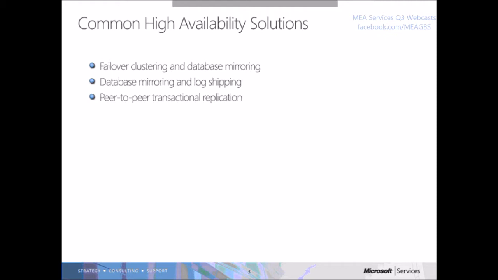This enables applications to quickly scale out to distribute reads from clients across multiple nodes. Because data is maintained across nodes in near real time, P2P replication provided us with data redundancy, which increased the availability of data in those nodes where replication was configured. So these were some common high availability solutions that we are used to in SQL 2008.